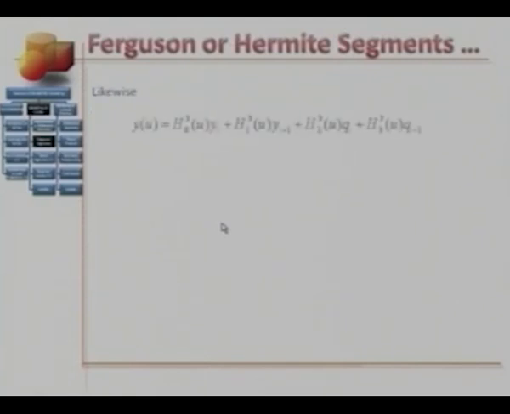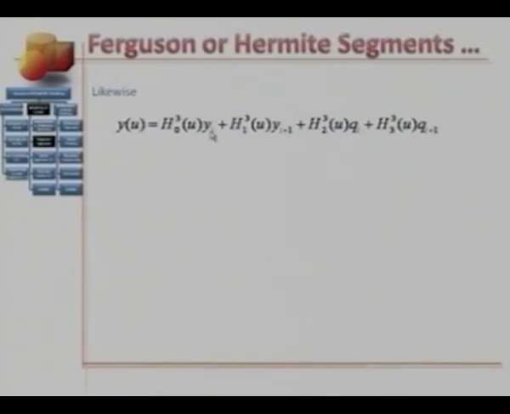Likewise, if you think about it, the scalar function y of u will have a very similar form. That is, the Hermite functions h03, h13, h23, and h33 will be identical. Only the geometry changes.